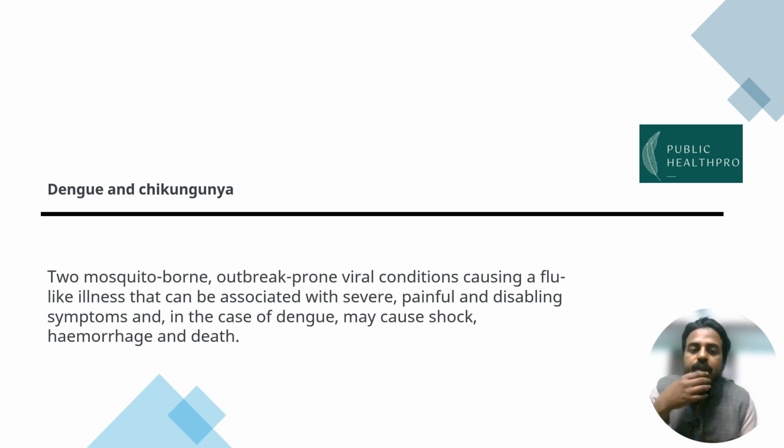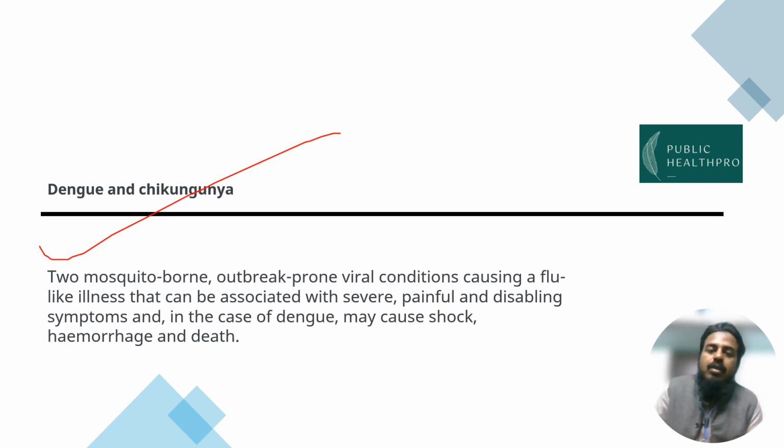Apart from this, dengue and chikungunya are over here, which are more fatal and have a higher prevalence in our country. They are two mosquito-borne, outbreak-prone viral conditions causing a flu-like illness associated with severe and painful disabling symptoms, and in the case of dengue may cause shock, hemorrhage, as well as death.